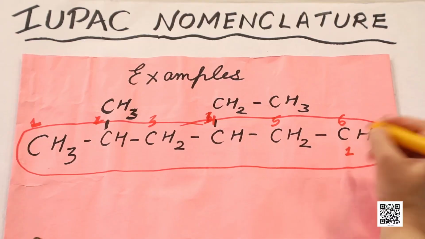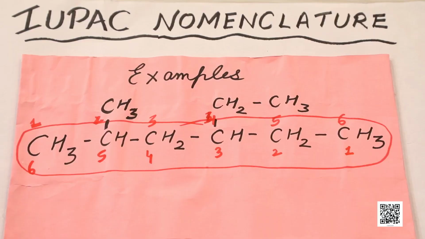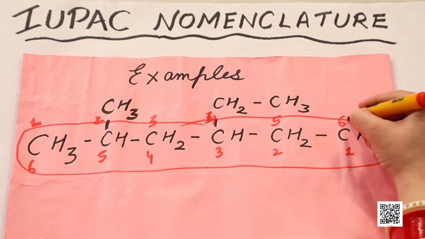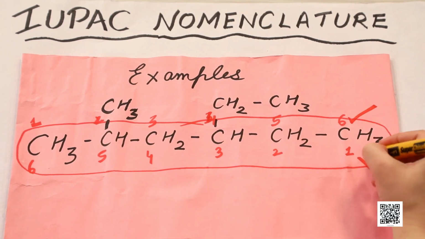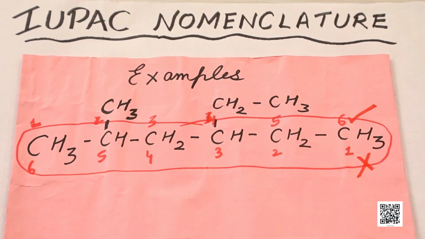And then I will number it from right to left, 1, 2, 3, 4, 5, 6. Now, which numbering is correct? The correct numbering is the upper one, because here the substituents are getting the lowest possible number.